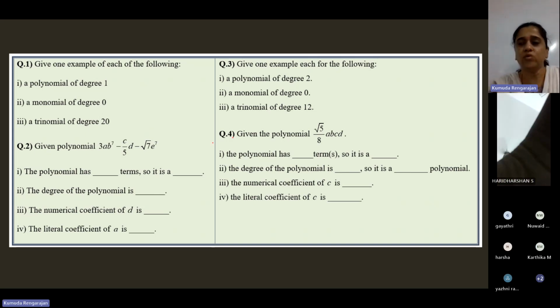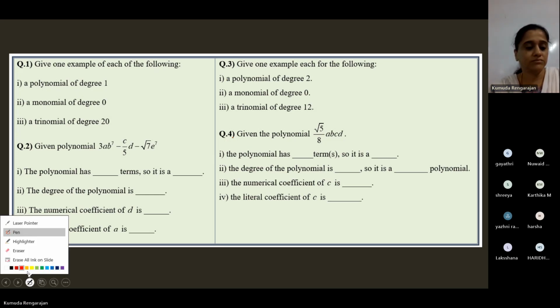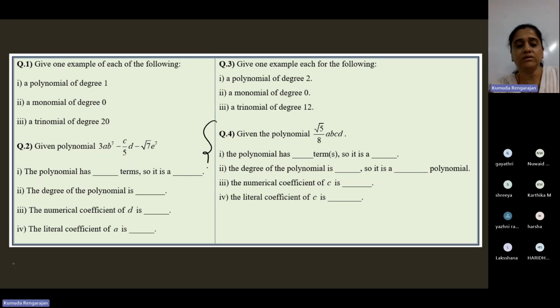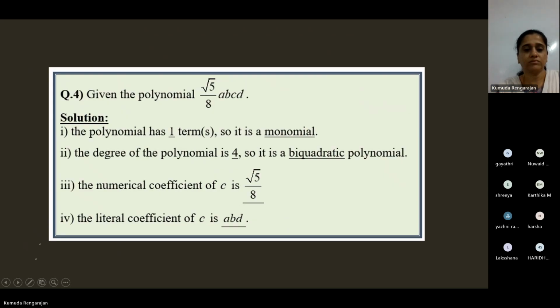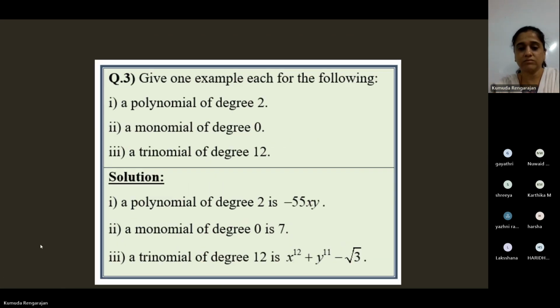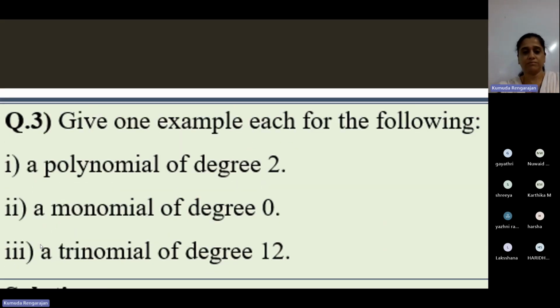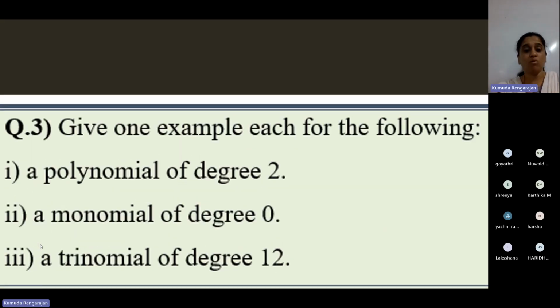We'll do the fourth one now and then do the third one. Answer this one.